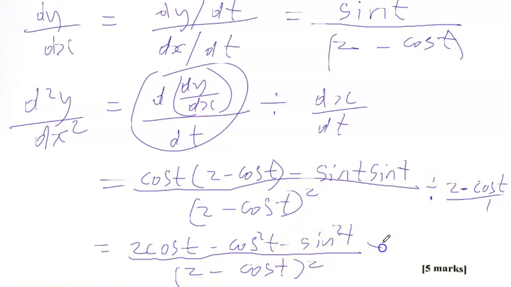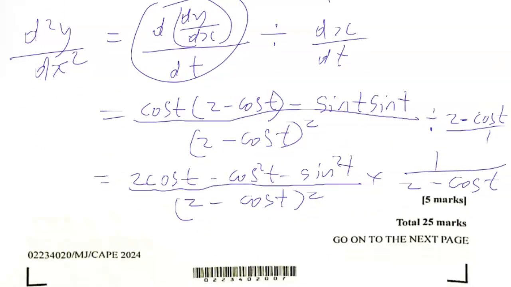And this is times, and we can reciprocate, 1 over 2 minus cos t. So the denominator is actually (2 minus cos t) cubed. And in the numerator is actually 2 cos t.